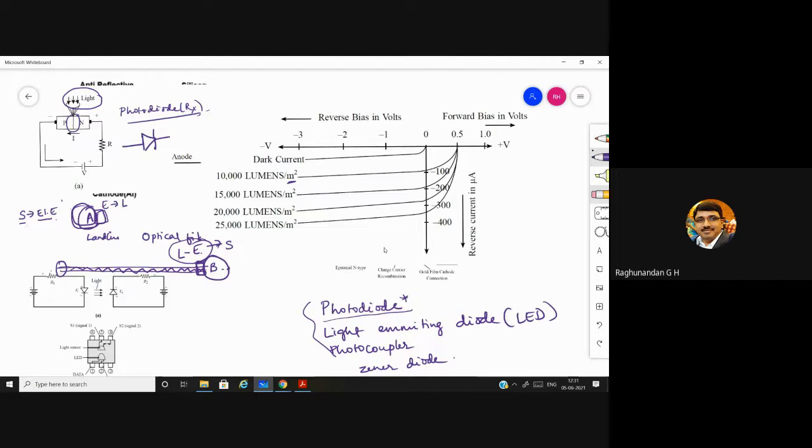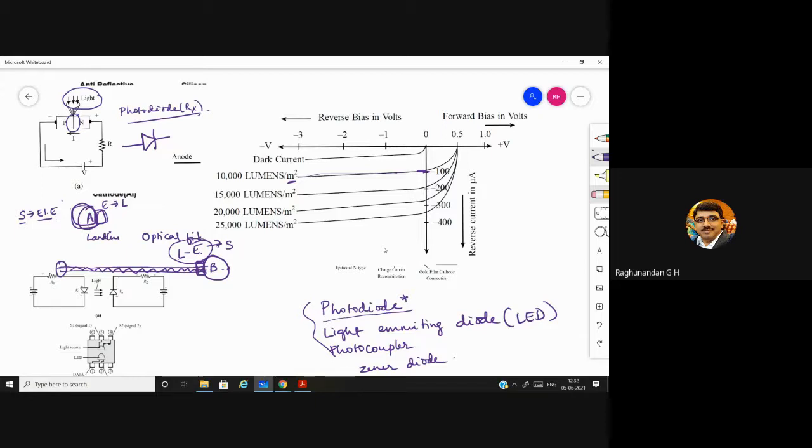Based on that, the current is produced. This amount of current is because of 10,000 lumens of light falling per meter square. Similarly, you can observe that as the intensity keeps on increasing, the current also keeps on increasing. So this is the VI characteristics of the photodiode.